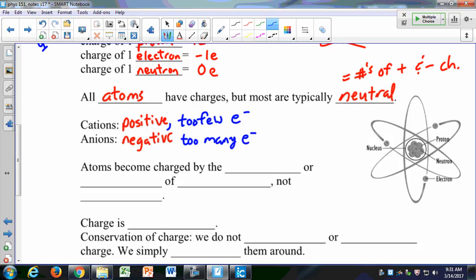There are a number of chemical processes by which that can happen, where you can strip away an electron, or you can add an extra electron to an atom. Atoms become charged by the removal or addition of electrons, not protons.